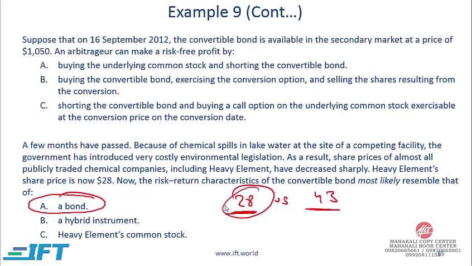And just for completeness, if the market price is much higher, as it was in an earlier scenario, then the convertible bond behaves like a common stock. And if the market price of the stock is somewhere in between, around the conversion value, then the convertible bond behaves like a hybrid instrument. Here though, since the price is much lower than 43, the instrument behaves like a bond.